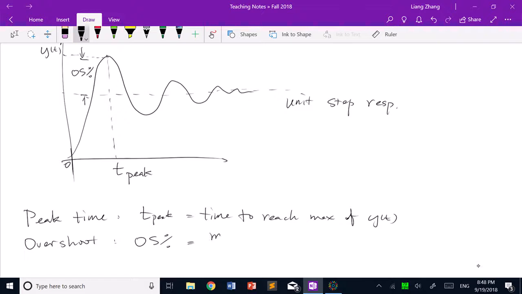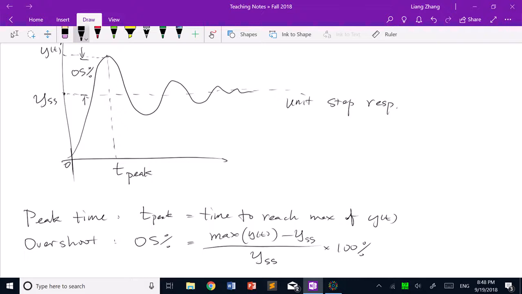So it's the max of y of t minus the steady state of your output signal, divided by, or normalized by, the steady state value, times 100%. Apparently here is y_ss, the steady state level right here.